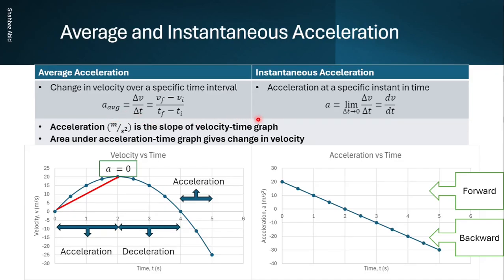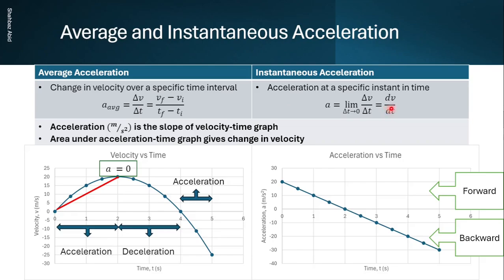But if we want to calculate an instantaneous acceleration, an acceleration at any specific time, at any instant, we can calculate it by taking the derivative of the velocity versus time graph function.